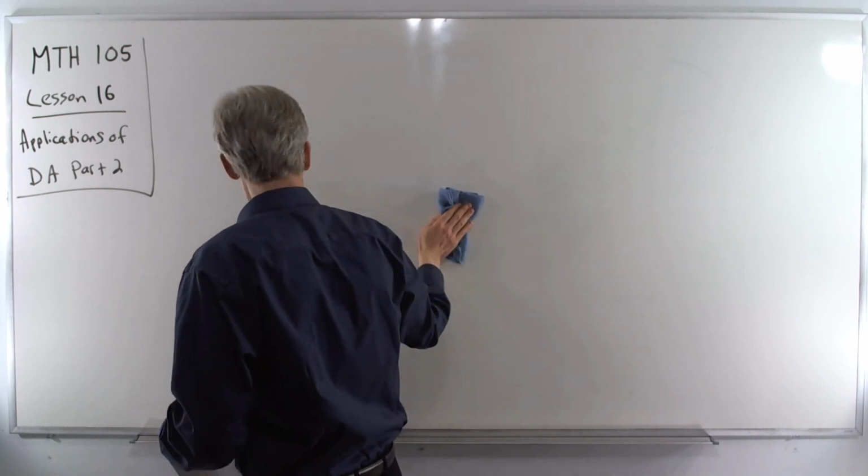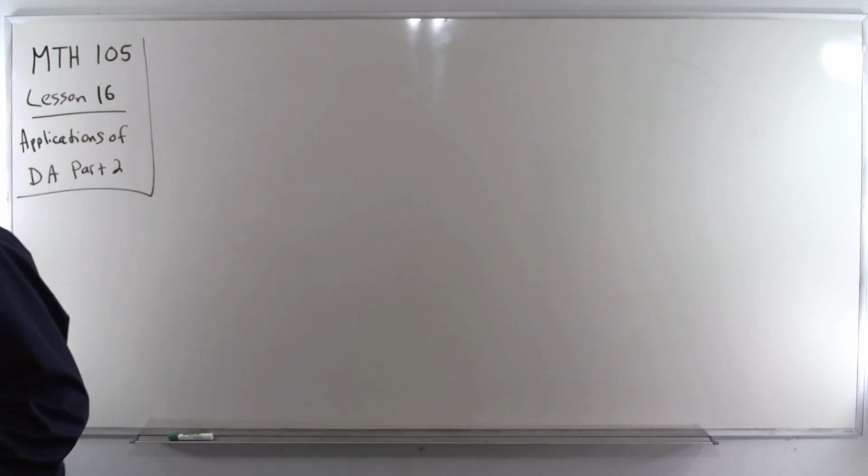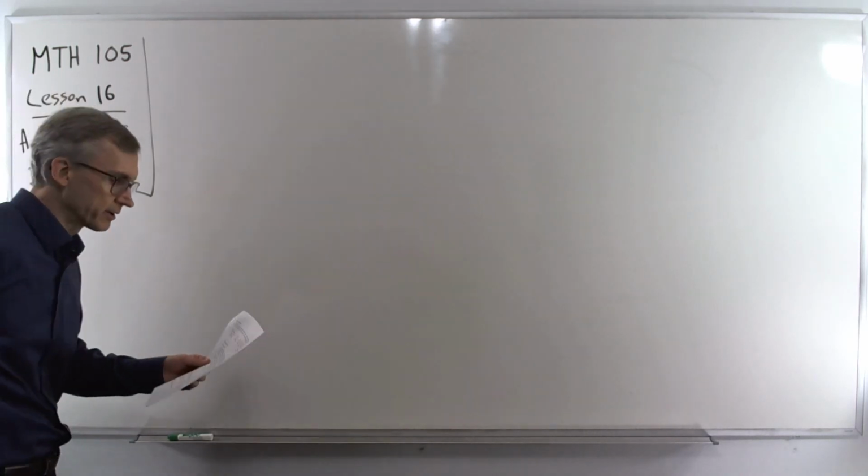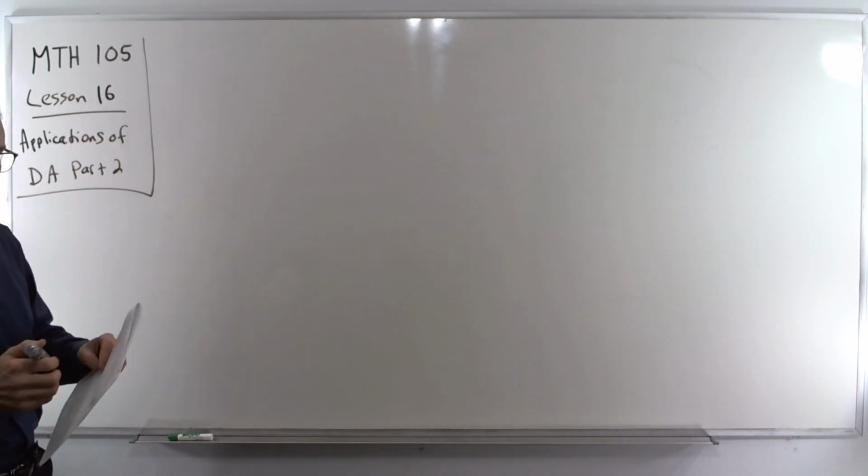Now there are a lot of different ways to set this one up, and they're all valid as long as the units we don't want cancel and the units we do want end up in the answer.